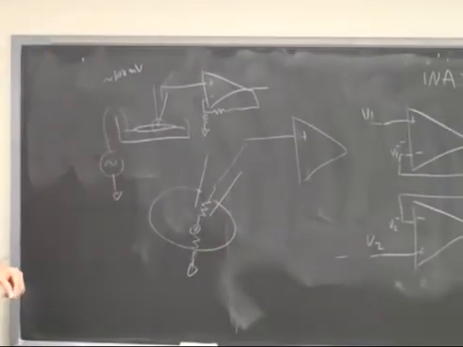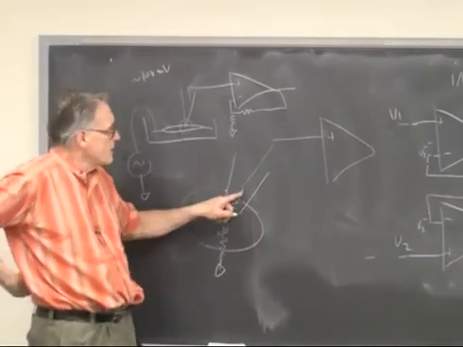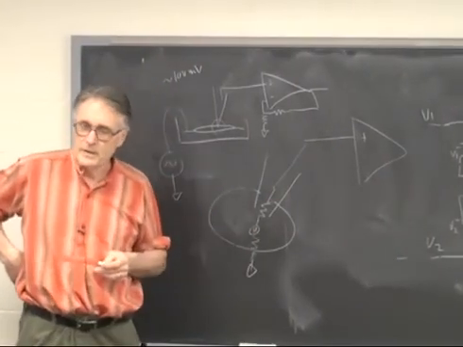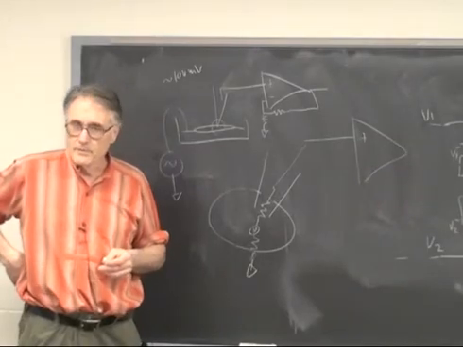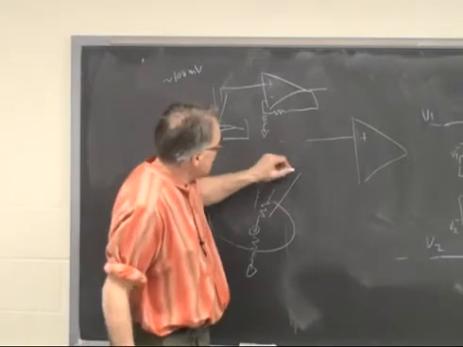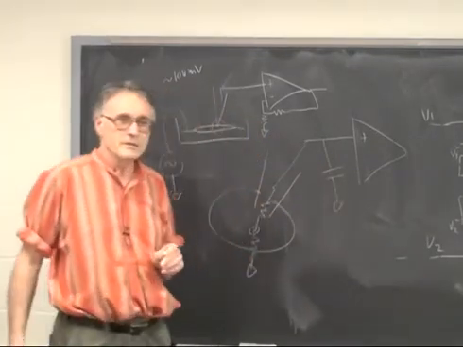But there's a problem, and that is that it's very hard to get this distance smaller than a few tenths of a centimeter. And typically it's on the order of a centimeter. And whenever you have a wire in space, you have a capacitance to ground.